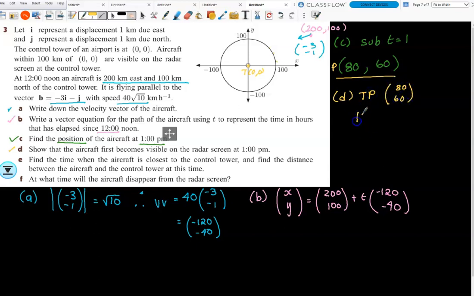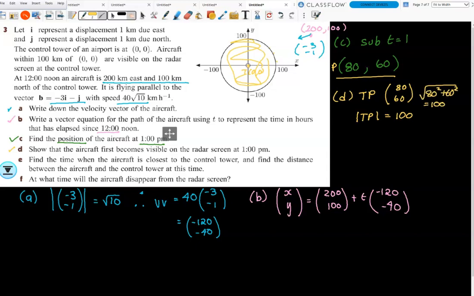We find that magnitude, it is 100, so anything that was less than 100 or 100 means that it's on the radar. If this was a test question, I would be writing that down and putting my thinking and saying it must be either 100 or less than.